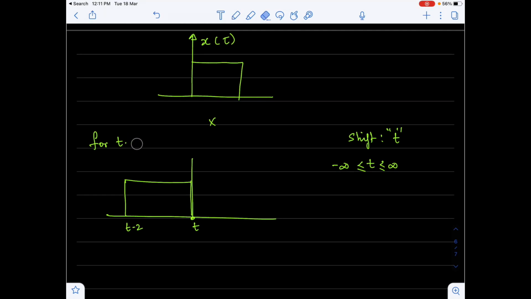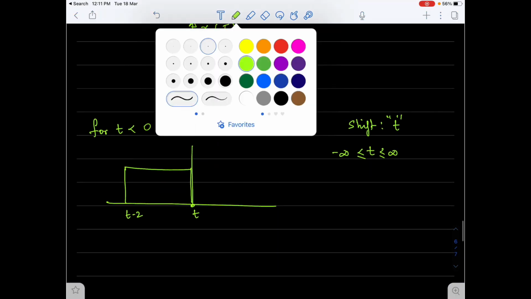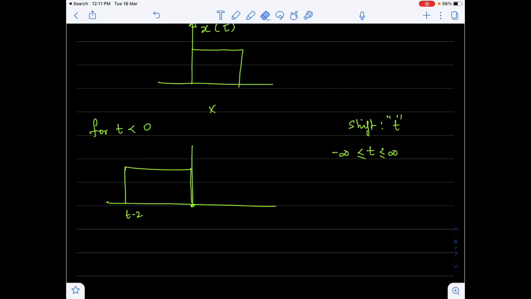If t is less than 0, what is the situation? You see the shift will be a little bit somewhere here. If t is less than 0, the function will be here. So this point is t, and t is less than 0, and this is t minus 2, and the amplitude is 1.